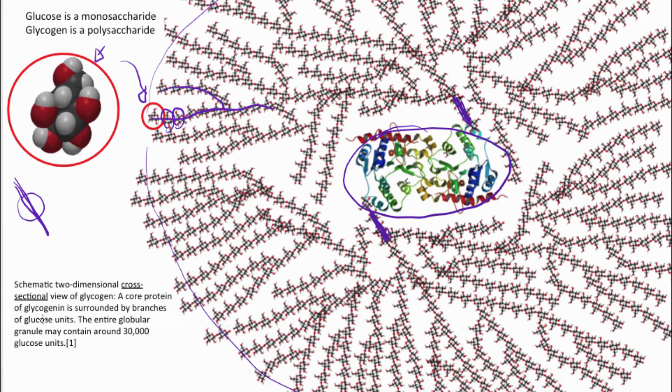You don't need to know this, but that's the protein that is making all of this happen. And in fact, this glycogen granule would come together with other glycogen granules, and they're so large that, well, let me show you how large they are.